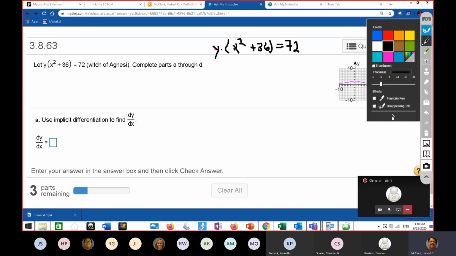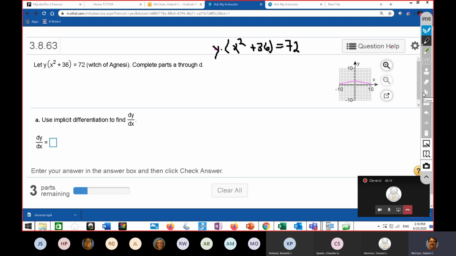So let me put this away, get my stylus, and I'm going to use the product rule, and that's going to give me first times the derivative of the second.